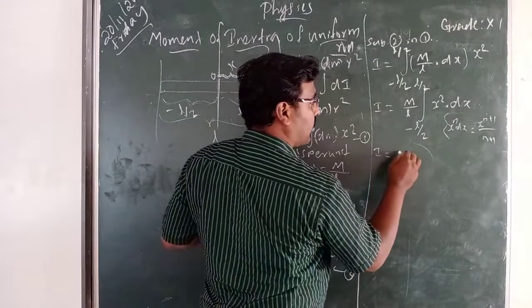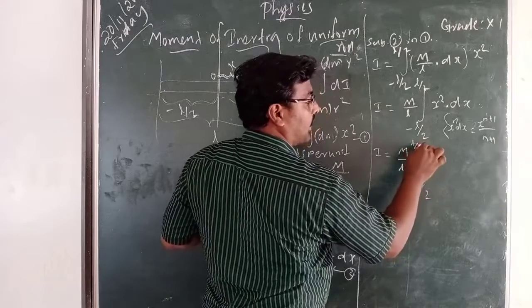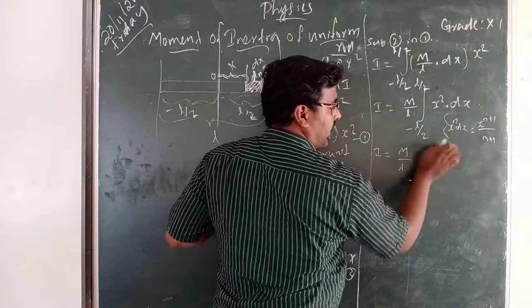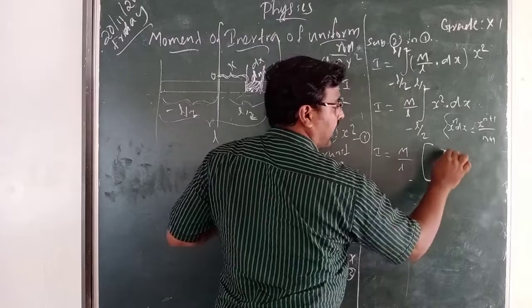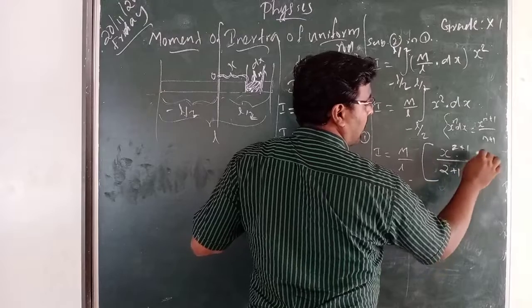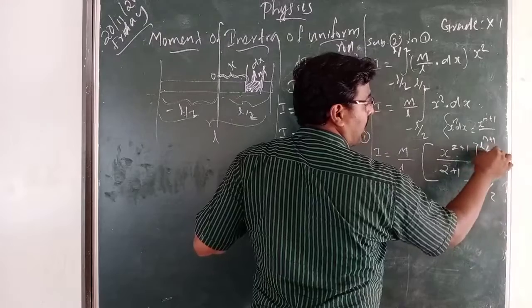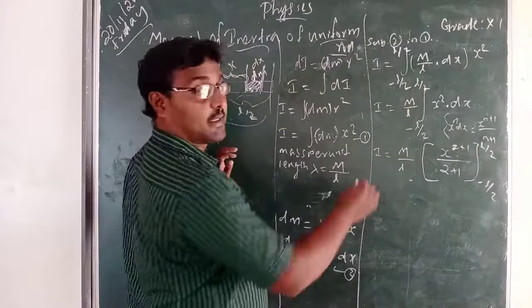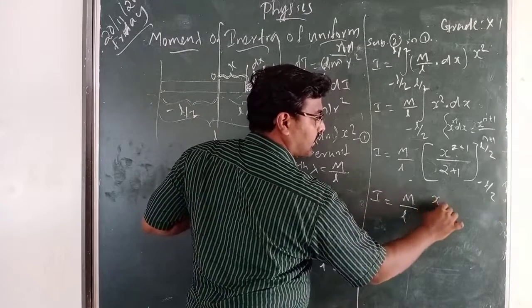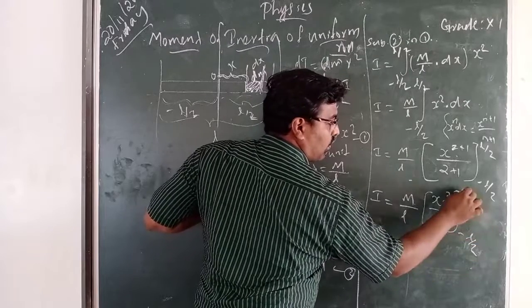So I is equal to M by L times x cube by 3, from minus L by 2 to plus L by 2.